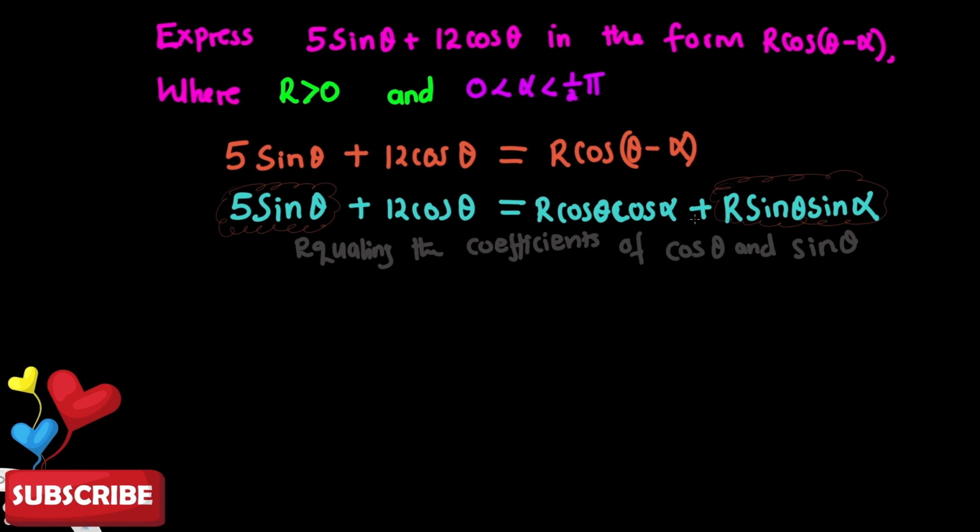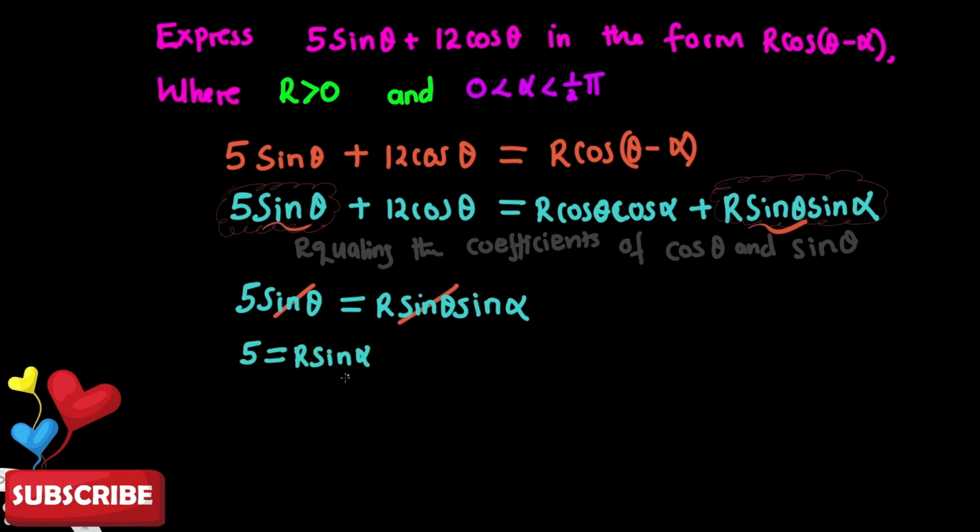You need to be careful there, because both parts are having sine theta, so that's where we have sine on the left and on the right hand side. Then we can cancel sine theta, we end up remaining with 5 equals r sine alpha, and that becomes our equation 1.